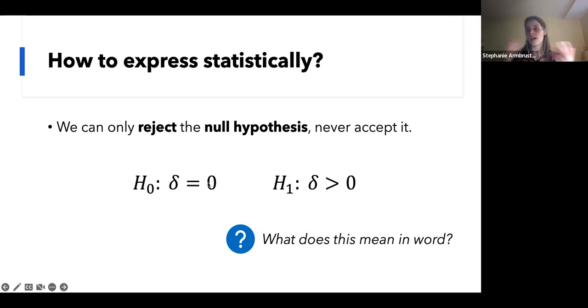In this case, our null hypothesis would be that statins have no effect on blood pressure on average whatsoever, so we expect our delta to be 0. Whereas the alternative hypothesis is that statins have a positive effect on blood pressure, meaning they reduce blood pressure.